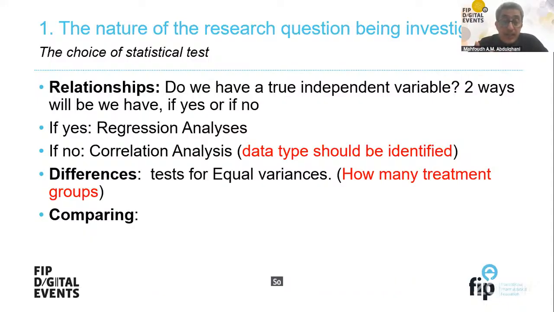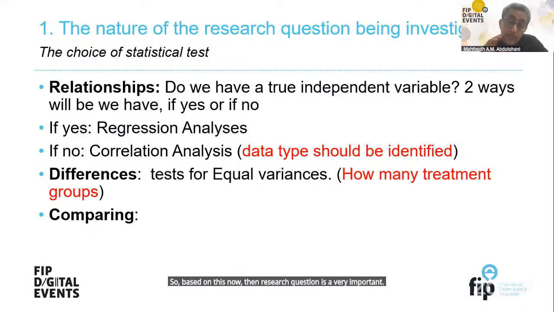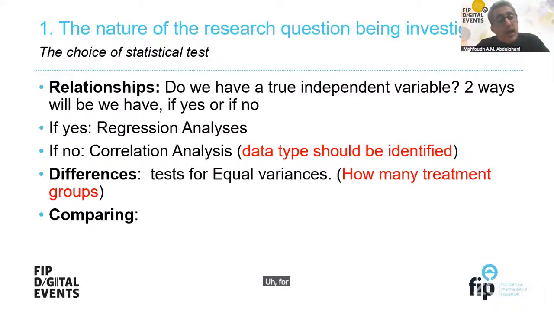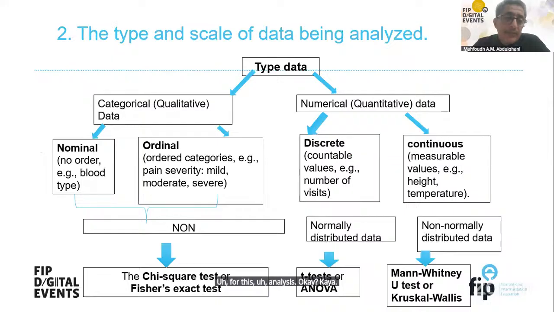So based on this, the research question is very important from the beginning. When you start the analysis, identify what type of approach you're going to take. Next slide, please.